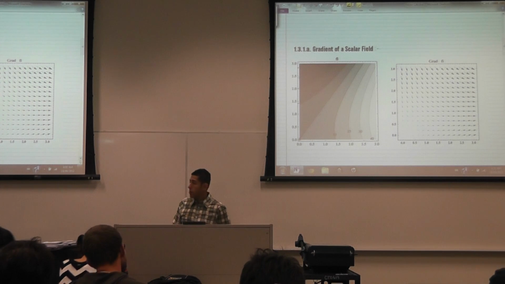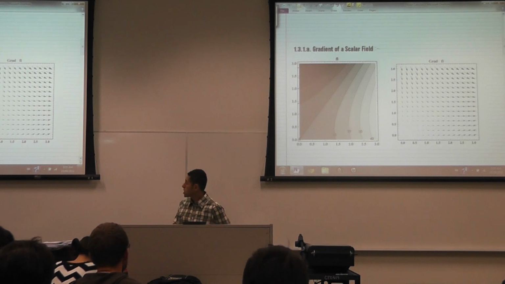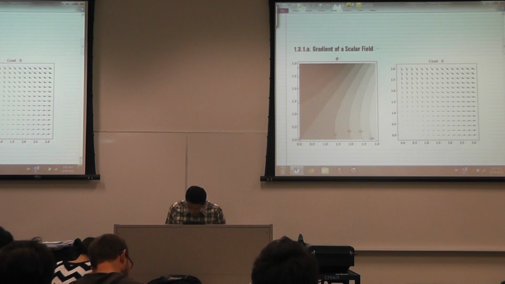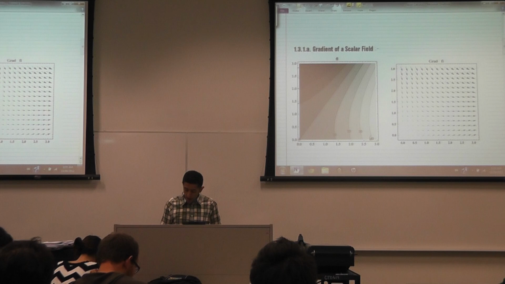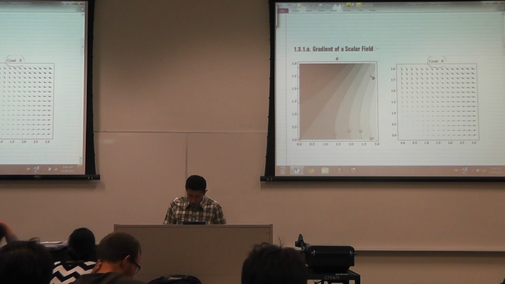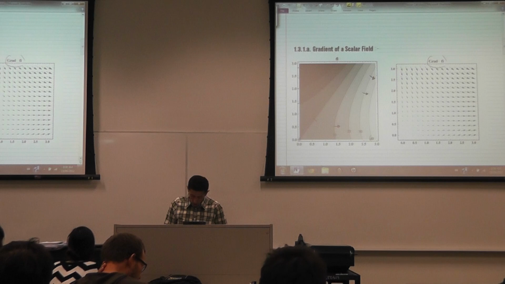For example, the temperature, if this is the temperature distribution on an object, where the temperature is 40, 30, 20, whatever, the gradient of the temperature field, or that scalar field, is a vector telling me the direction of the maximum change. And the maximum change is usually perpendicular to those contours. So you get this map of vectors.